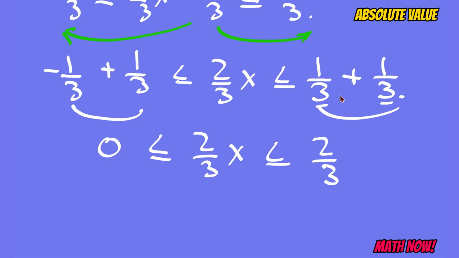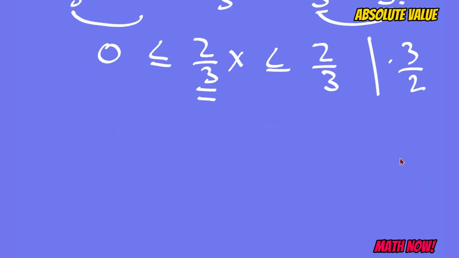All right, so now we have to get rid of this 2/3. We don't want it here, we just want to have x. So in this case, we are going to multiply by 3/2. Why am I multiplying by 3/2?